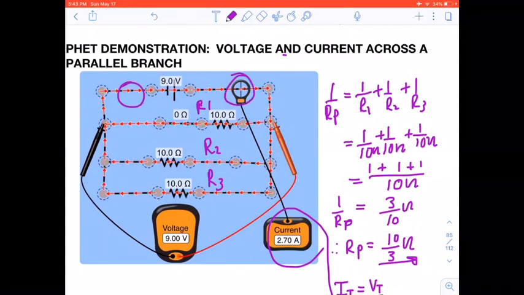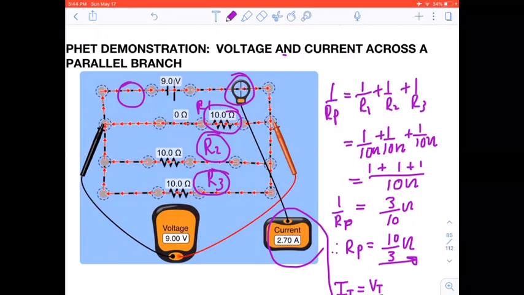But here we now have 3 equal resistances, all of 10 ohms each. So we know that the current in the branches must equal the current in the circuit, right?